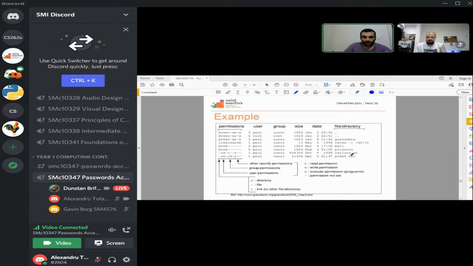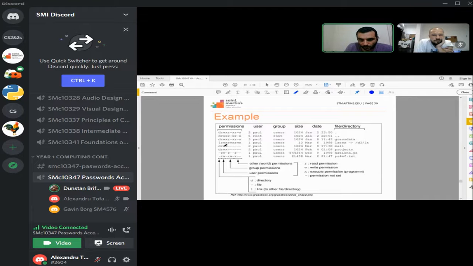If I look at a directory structure, it would be something like this, a typical directory. You would have the 9 bits over here, 1, 2, 3, 1, 2, 3, 1, 2, 3. The first one indicates what that particular resource is, because remember, everything is treated the same in Unix. So for example, D refers to a directory. So here we are referring to a directory.